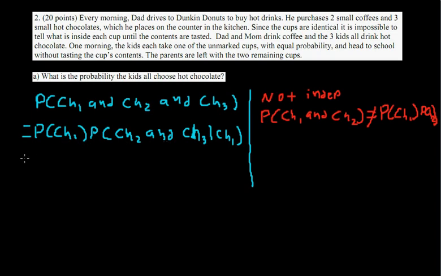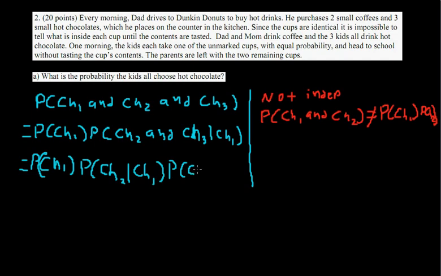So this is equal to the probability that the first one picks it times the probability that the second one picks it given that the first one picks it, times the probability that the third one picks it given that the first 2 pick it.